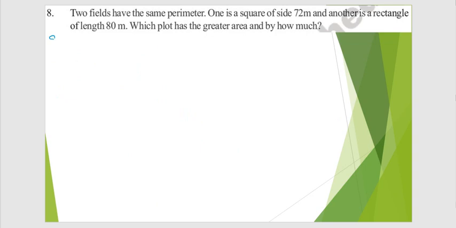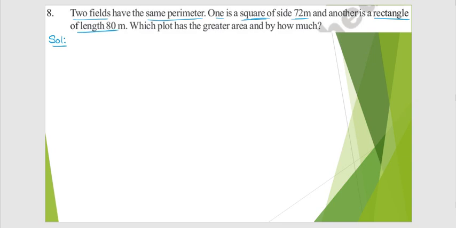Question number 8. If you observe the question, there are two fields which have the same perimeter, and one is a square. One field is in the shape of a square and its side length is 72 meters. There is one more figure, which is a rectangle whose length is 80 meters.